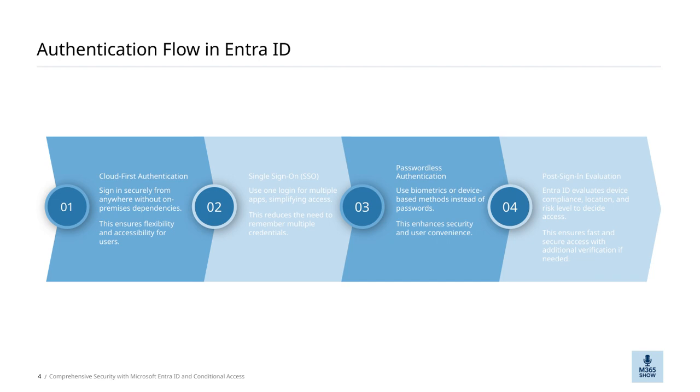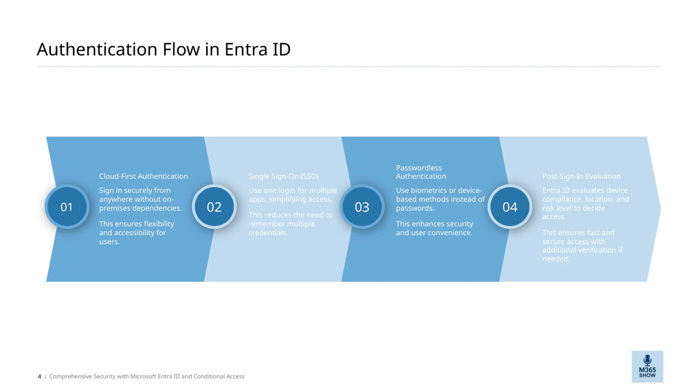Users don't have to remember different credentials for each app, which really streamlines their experience. Security is also enhanced by encouraging the use of biometrics or device-based authentication methods instead of traditional passwords. This not only makes login more convenient, but also more secure.